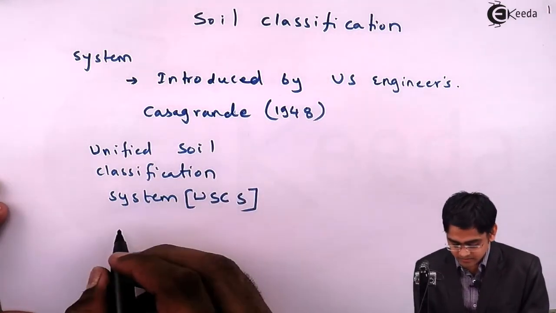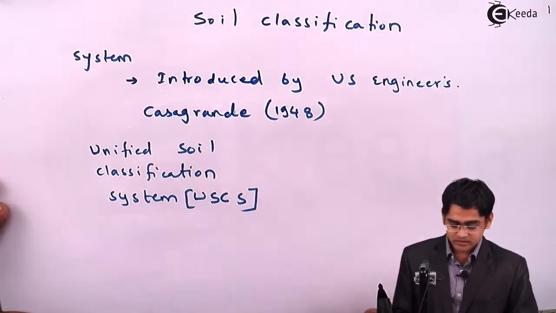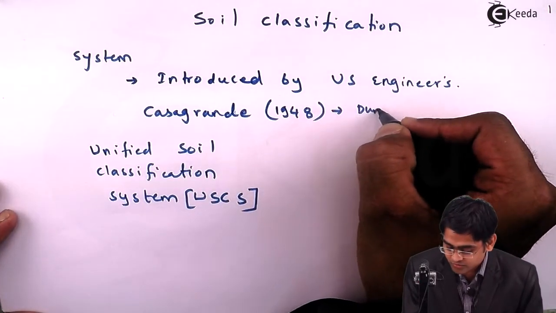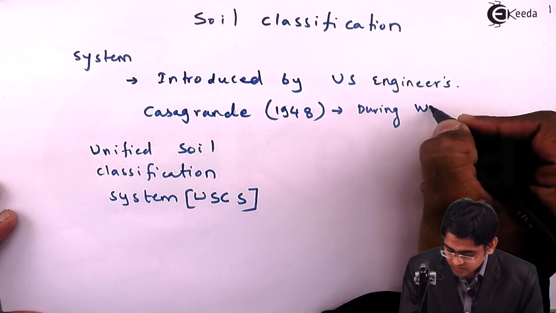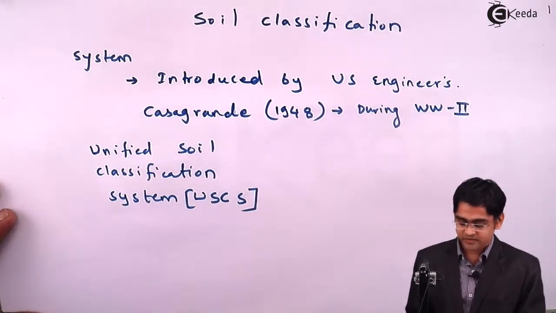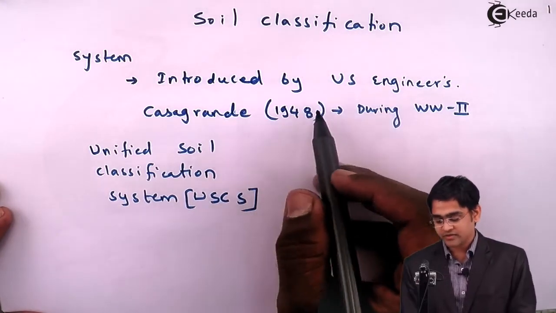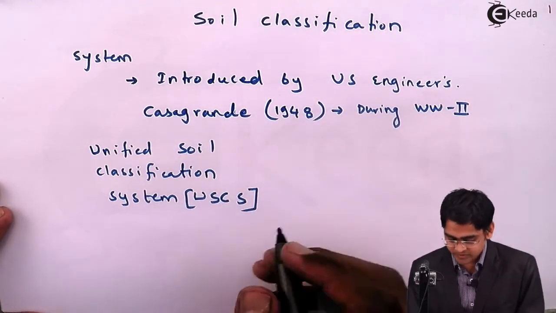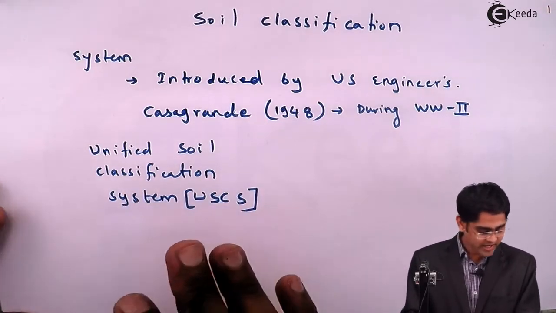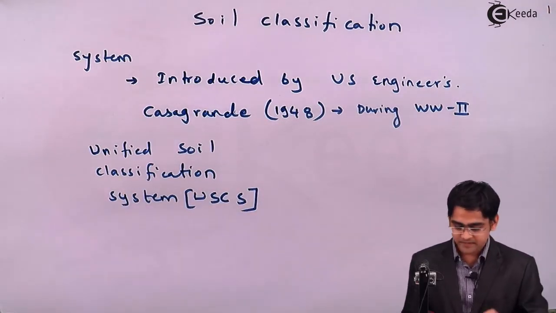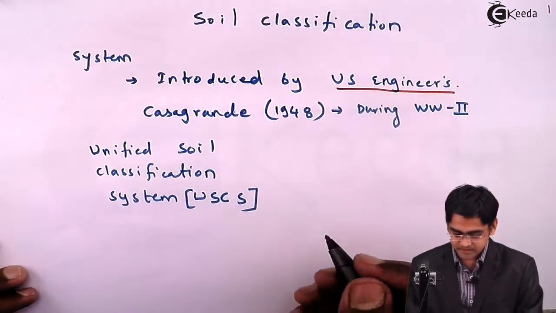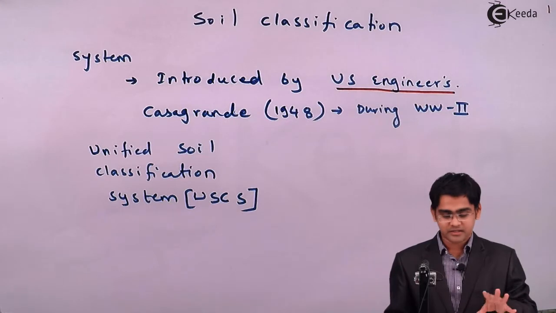All the research that he did was during World War II, and it came out in the year 1948, that means towards the end of World War II. So this Unified Soil Classification System, introduced by the US engineers, has distinct characteristics.